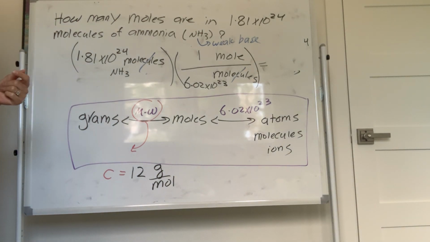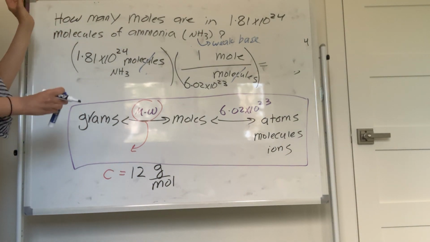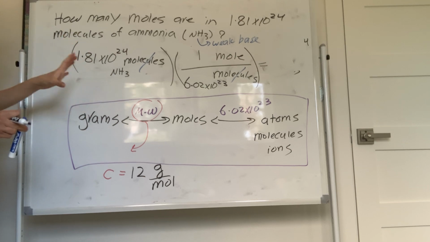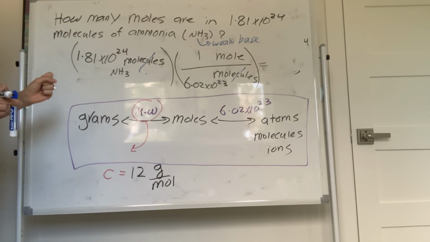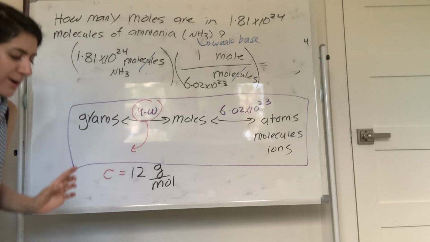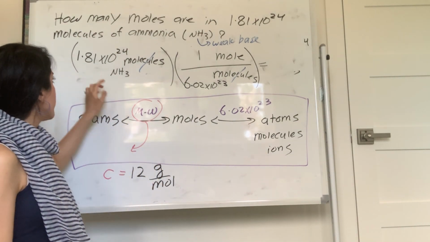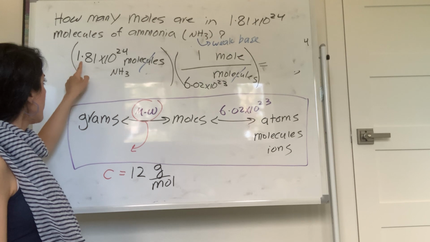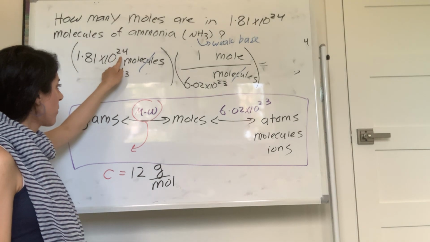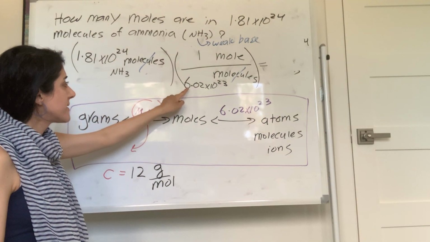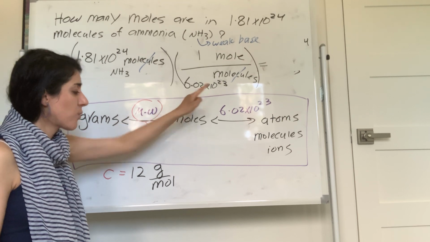Now, the reason I'm doing this problem is because usually people mess up here because of the calculator. So what you have to do is 1.81 times 10 to the 24th divided by 6.02 times 10 to the 23rd.